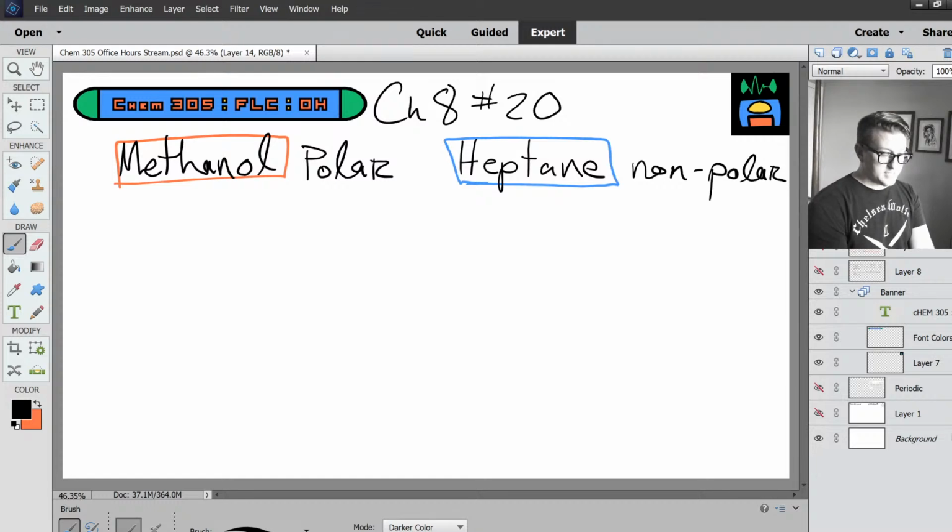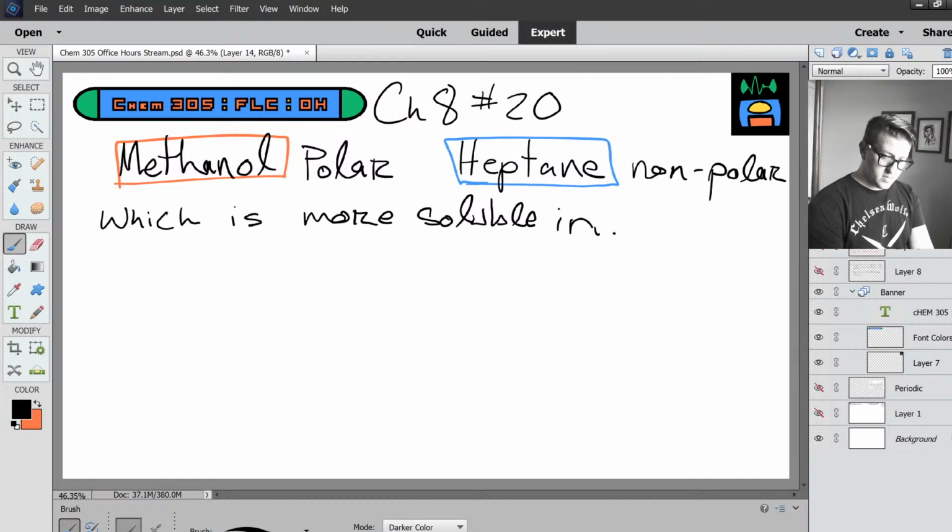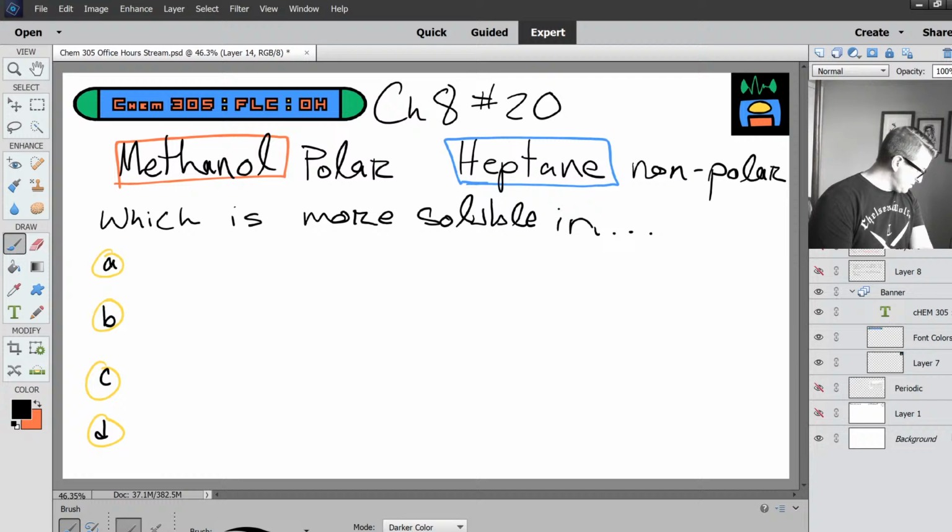And then we're asked which is more soluble in, and this is where we're given A, B, C, and D. Sorry, actually, the phrasing of this is slightly off.